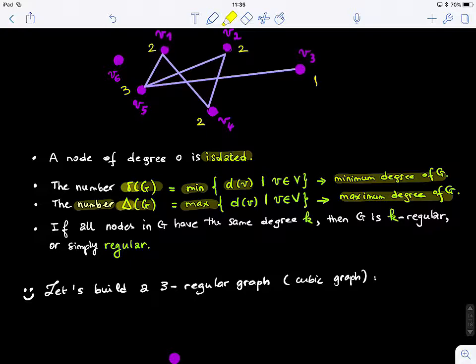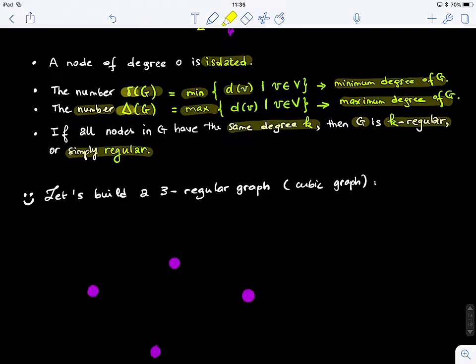Here, if all nodes in G have the same degree K, then we call G a K-regular graph, or simply a regular graph. So you guys now know how to construct K-regular graphs. It means each node has a degree of K, okay?